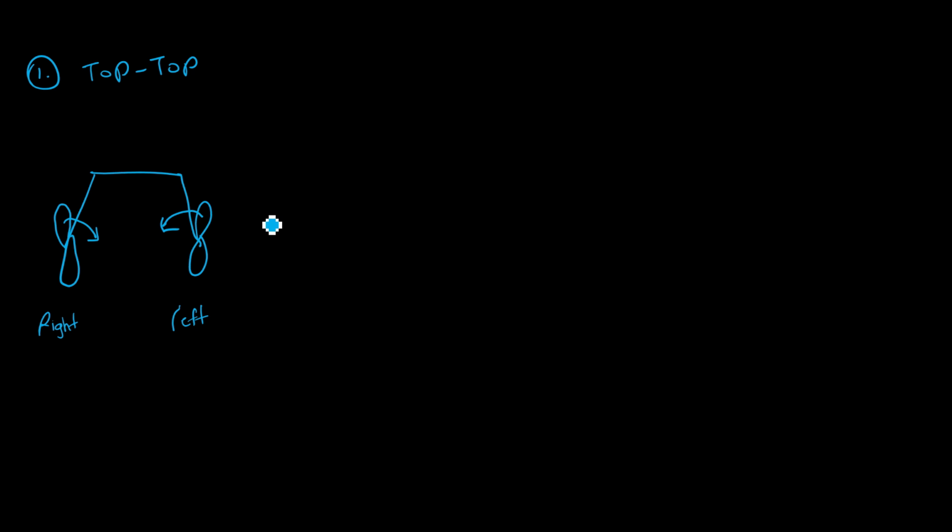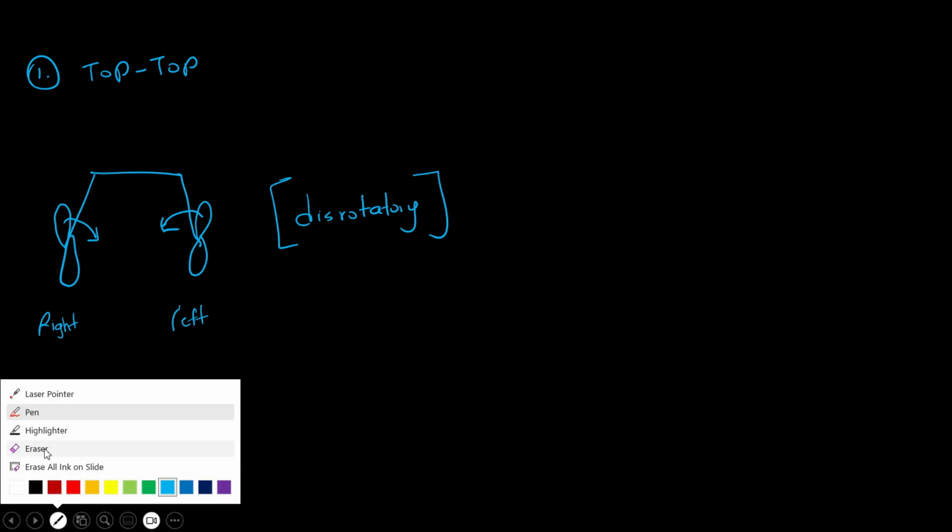When you have the rotation opposite to each other, we say it's disrotatory. And when you have the same rotation in both orbitals, in that case you call it conrotatory.